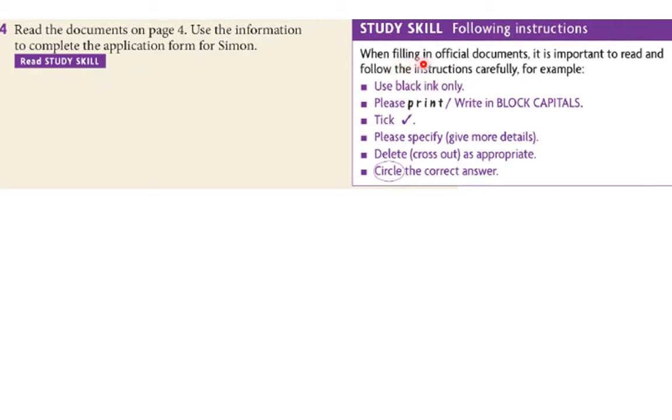When filling in official documents, it is important to read and follow the instructions carefully. So, in official documents, there are instructions. Students and other people should follow these instructions carefully in order not to have the application refused or rejected.